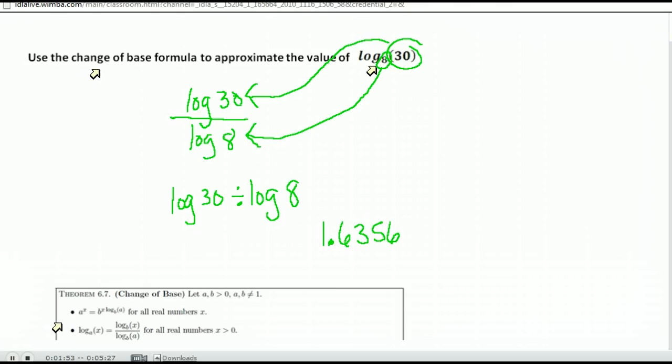I've rounded there to 4 decimal places, and there you go. Okay, so there's no way we could have known that 8 to the 1.6356 power is 30. So it's very convenient to have this change of base formula. Again, you can do it either way. We could have done that using natural log 30 over natural log of 8. Also, you can go ahead and check that with your calculator, and you'll see you get the same answer.